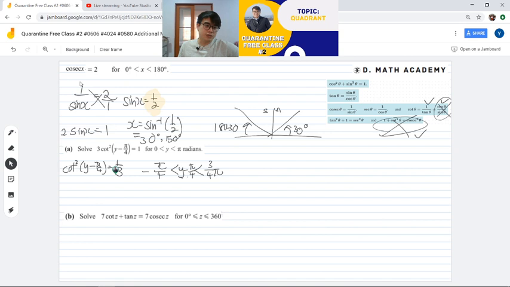After removing the 1 over 3, I now change my cotangent square into 1 over tangent square y minus pi over 4 equals 1 over 3. So let's cross multiply it. You should get tangent square y minus pi over 4 equals 3.